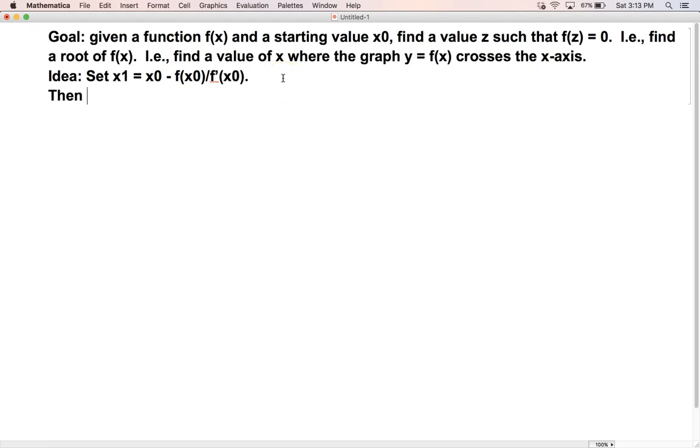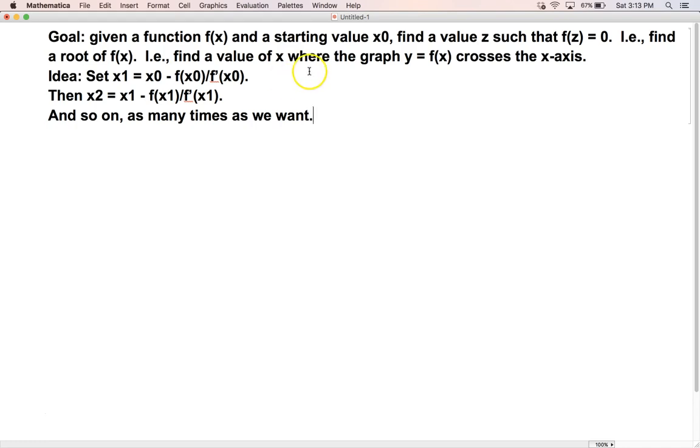Then I'm going to set x2 to be x1 minus f of x1 divided by f prime of x1, and so on as many times as we want. With any of these root-finding algorithms in numerical analysis, we're never going to expect to find a 0 exactly. These are just, we hope, better and better approximations.